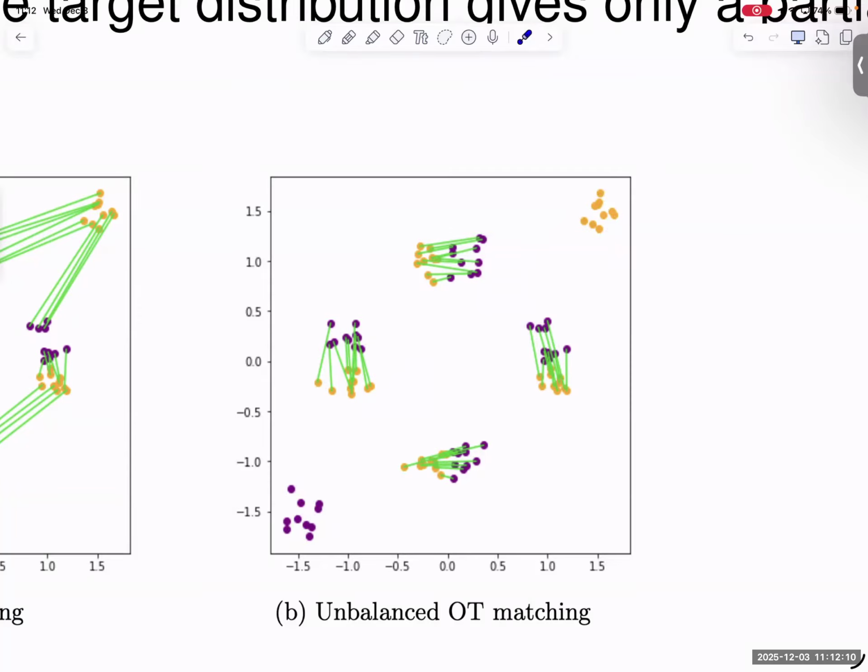Then maybe there should be some way to measure some kind of teleportation between these. And in that sense we can match all these unbalanced purple points with this distribution of yellow points. Okay.